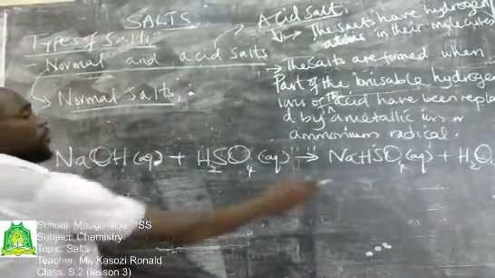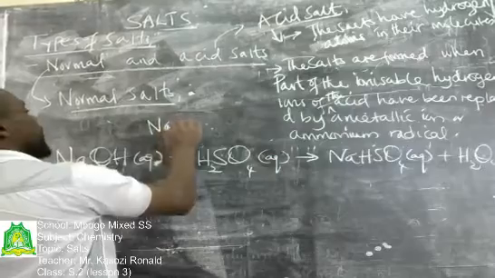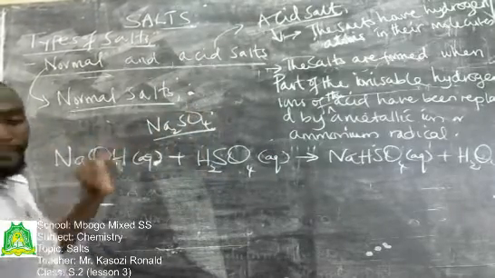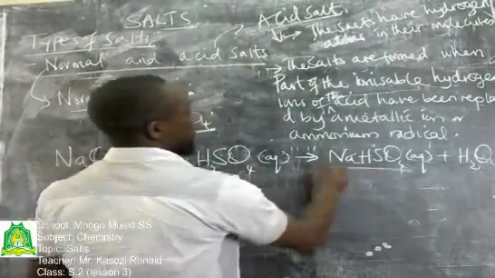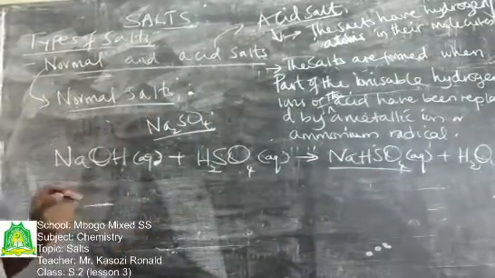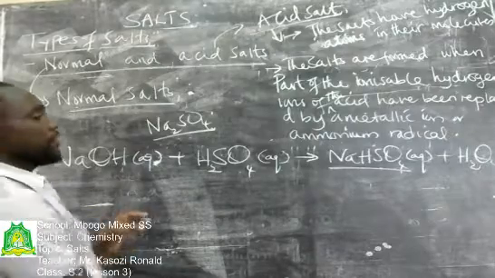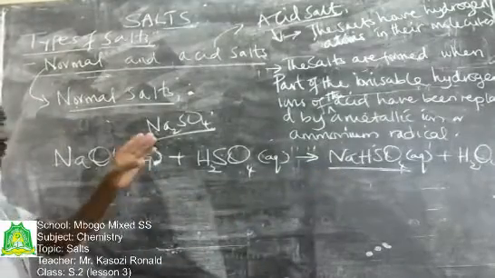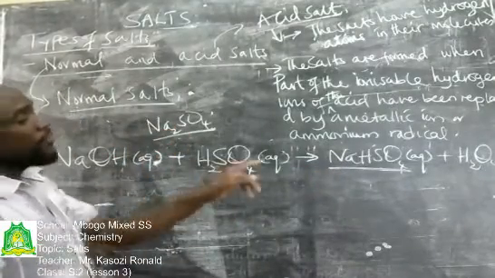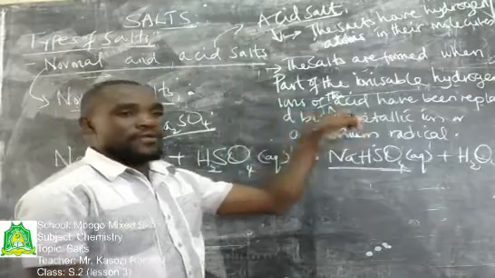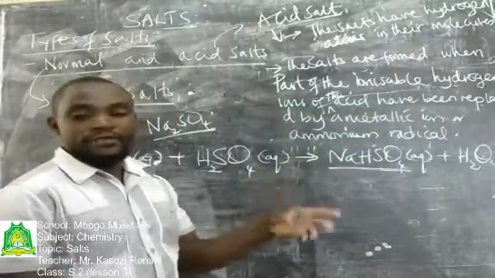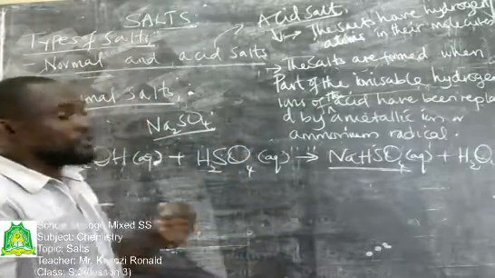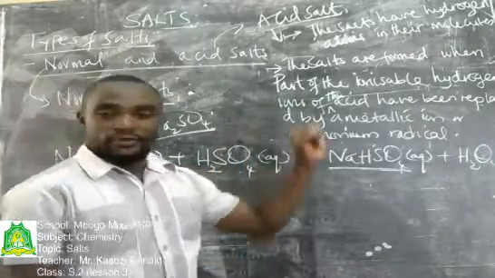If we compare it to sodium sulfate, sodium sulfate has no hydrogen atoms, and yet sodium hydrogen sulfate has hydrogen atoms in its molecules. If the salt has hydrogen atoms in the molecules, once this salt is dissolved in water, its anion will undergo further ionization, producing hydrogen ions just like acids do. That's why they are said to be acidic salts.